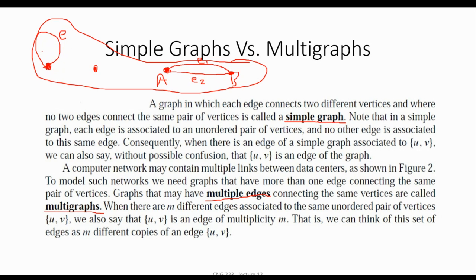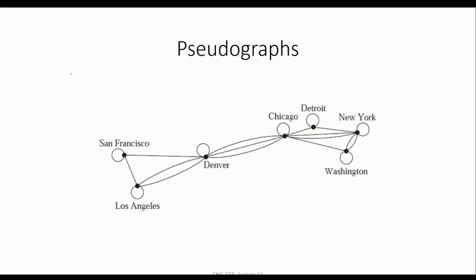Whenever we have loops, you can call it a pseudograph. This example is definitely a pseudograph, but even if it contains only one loop, it's good enough to say it is a pseudograph. This example is also a multigraph, because from Denver to Chicago you can see there is more than one edge.